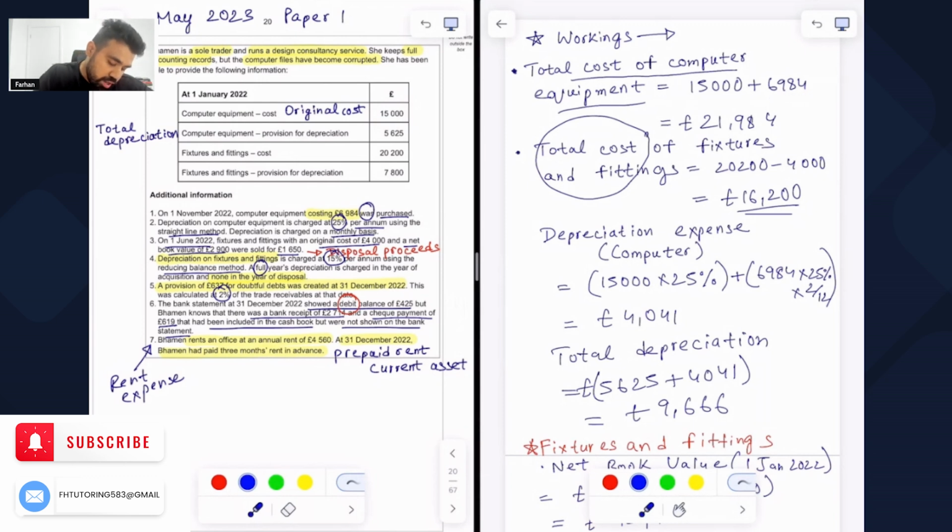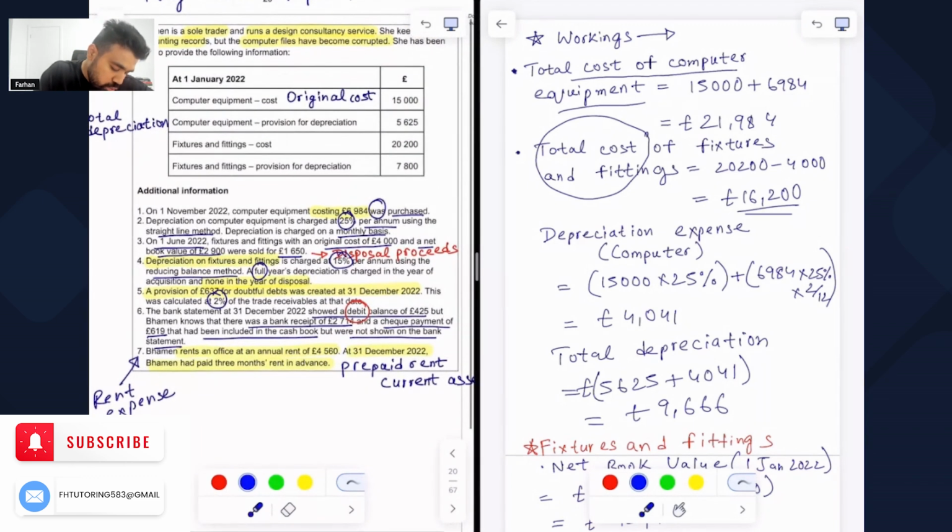If you check additional information 1, you will see that on 1 November 2022, computer equipment costing £6,984 was purchased. So 15,000, which is the initial balance at 1 Jan 2022, plus the new computer worth £6,984 makes the total cost £21,984.